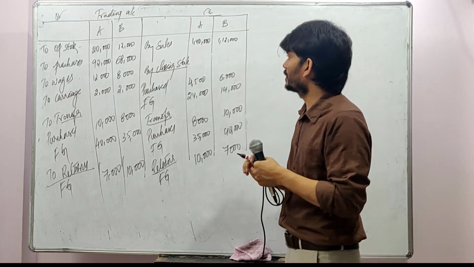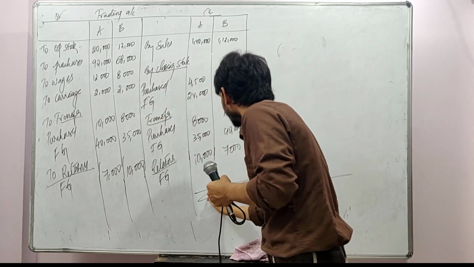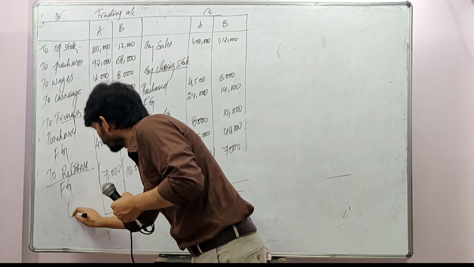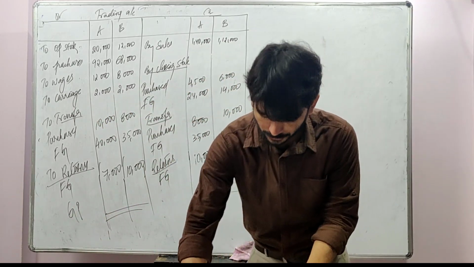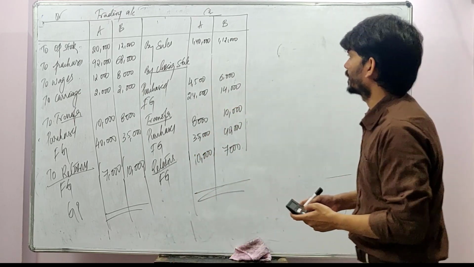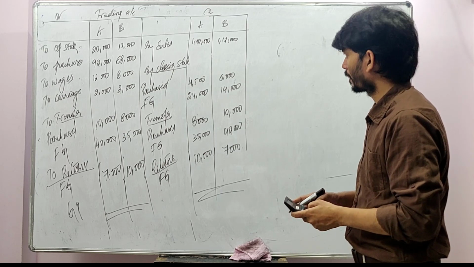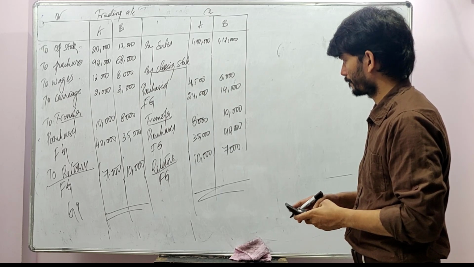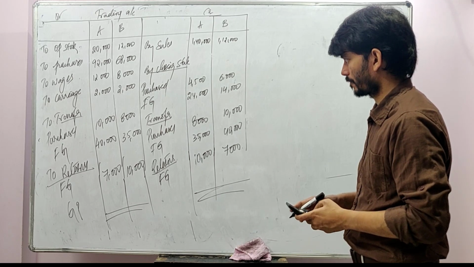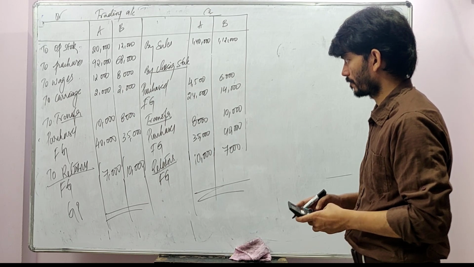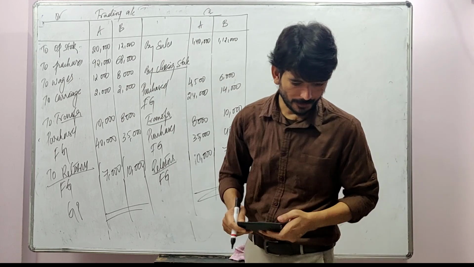Having this much done, we can find out the gross profit. I'll try for one, and we have the answer also. $38,500.